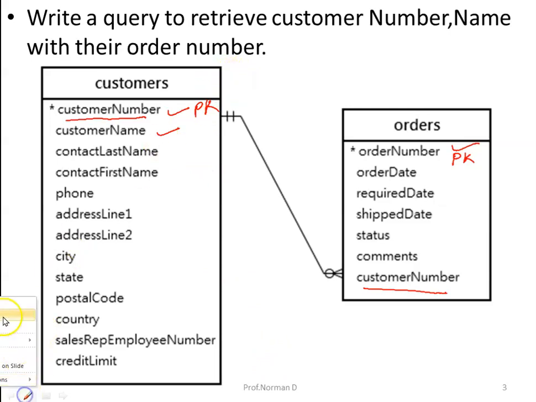We can say the association is 1:many. One customer can place many orders. Based on this association, we'll go ahead with our query. So we have to display the customer number, customer name and the order number.